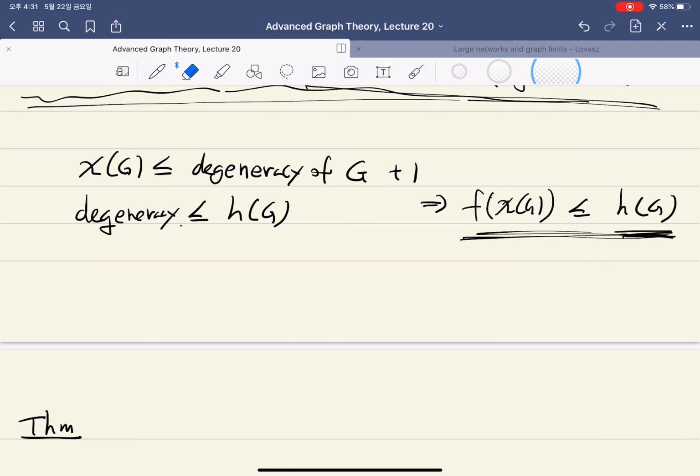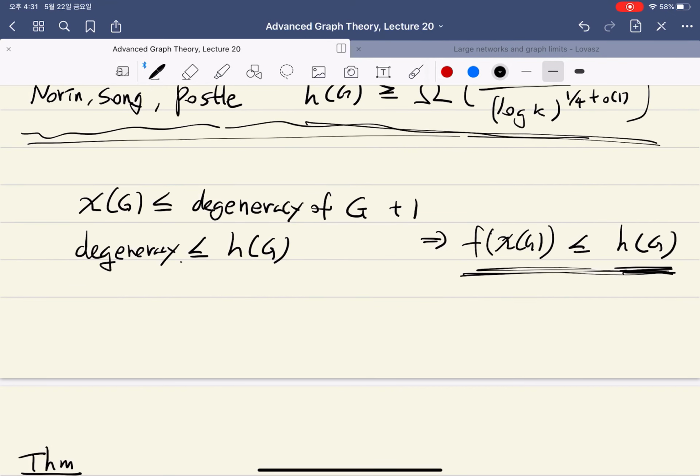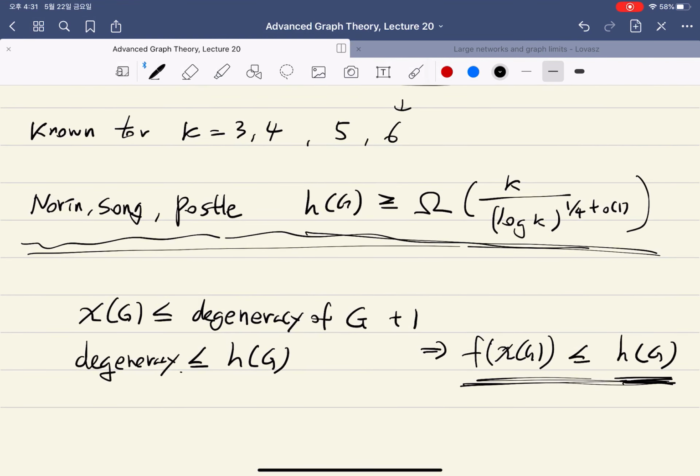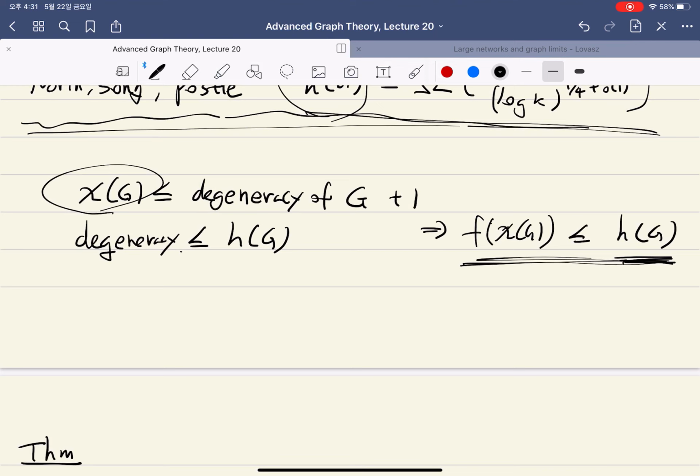Anyway, in sum, instead of studying the relationship between the Hadwiger number and the chromatic number directly, one can first try to establish the relationship between the Hadwiger number and the number of edges, say the average degree.